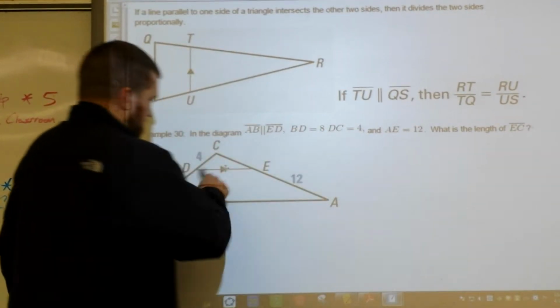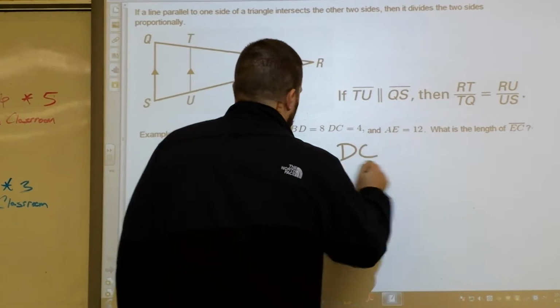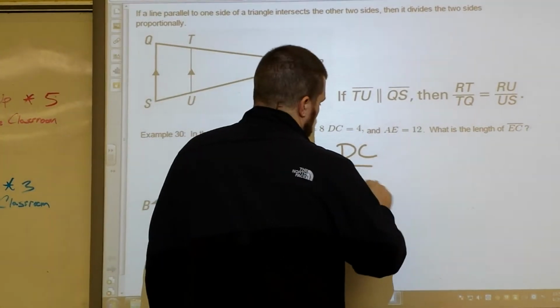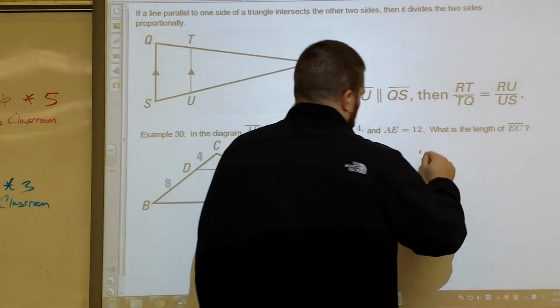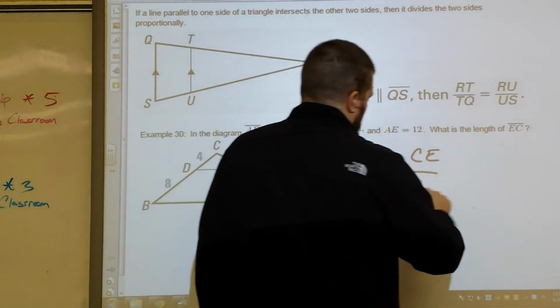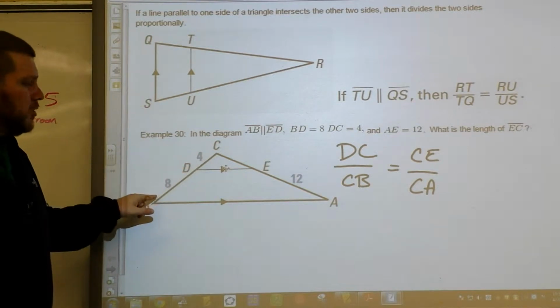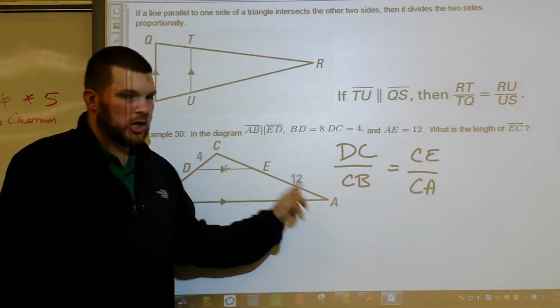The rule says since the two sides are parallel, then DC over CB is going to be equal to CE over CA. The way I remember that is the little piece over the total piece is equal to the little piece over the total piece.